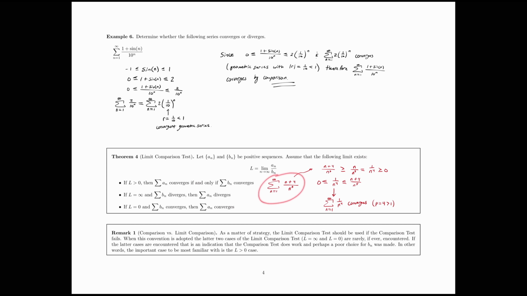So this series converges, but using direct comparison, that is not enough to show that our given series converges. Why? Just because the series of the smaller terms converges, that doesn't mean anything about the series of the larger terms. These terms might be large enough that they diverge. For instance, the series of n from n equals 1 to infinity clearly diverges, and n is definitely bigger than 1 over n to the fourth.